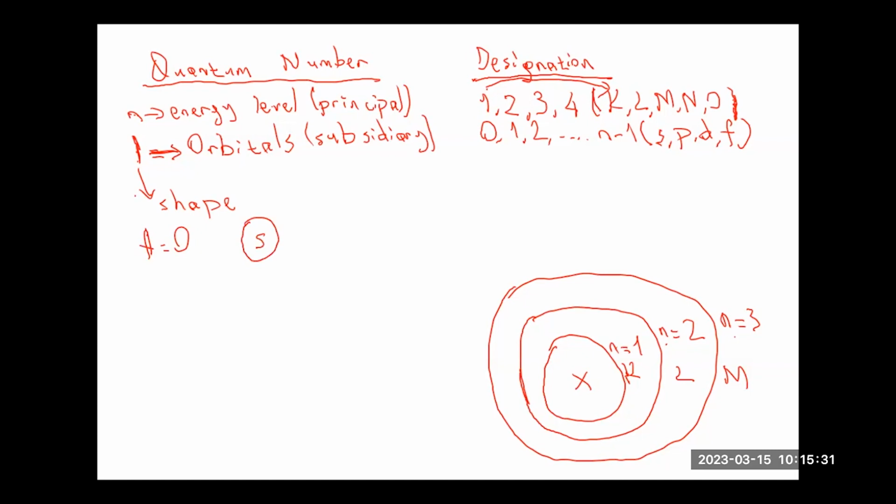This is S. L1 is p orbital and shape is something like this. L2 is nothing but, we know it's D. And the shape is like a butterfly.